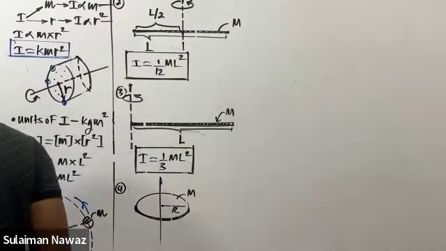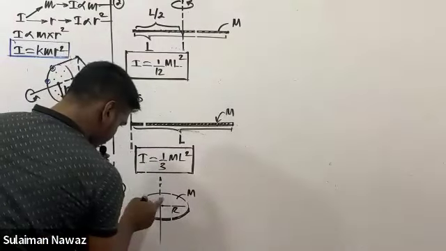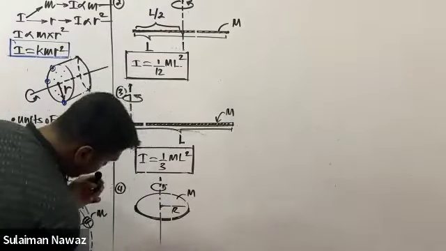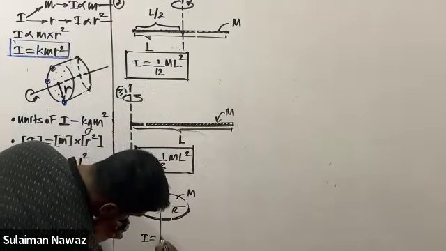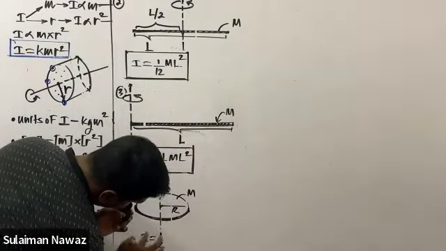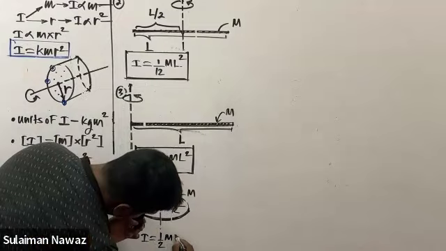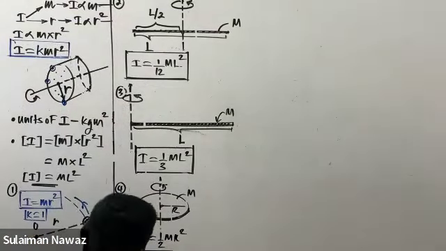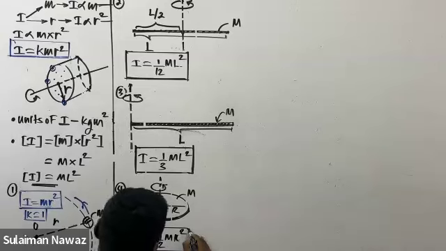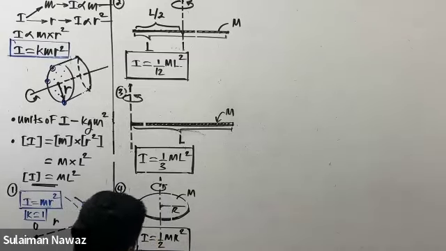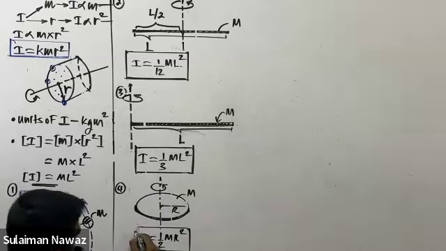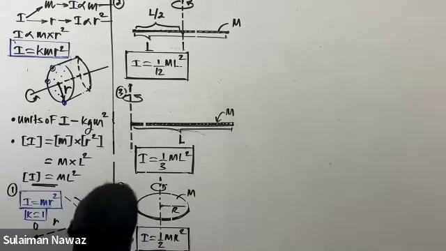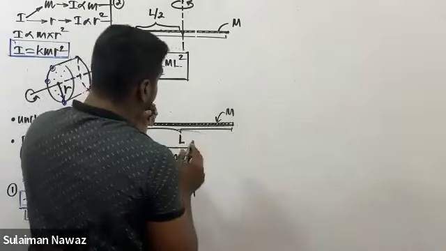This is the axis. The equation will be I equals half MR squared. Highlight this equation. Next one, fifth one.